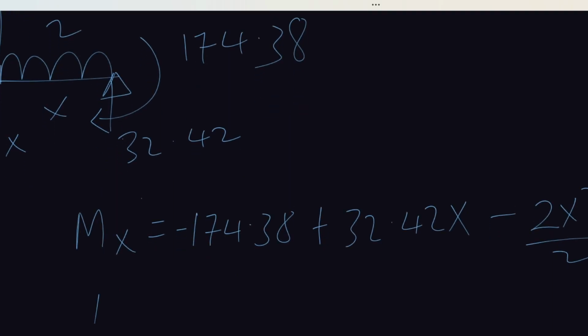So I'll be having Mx is equal to 32.42x minus x squared minus 174.38.